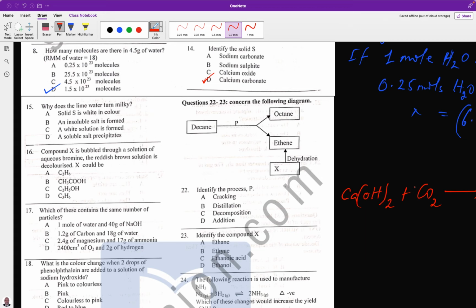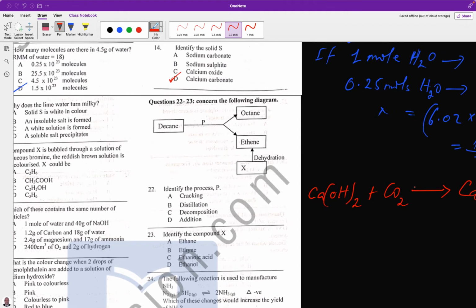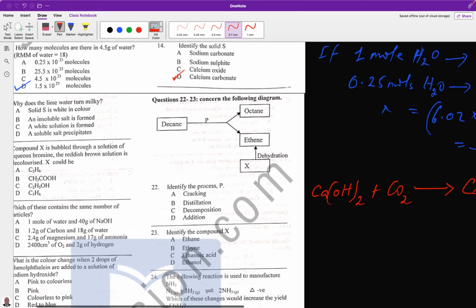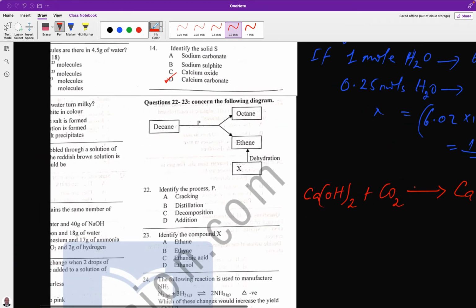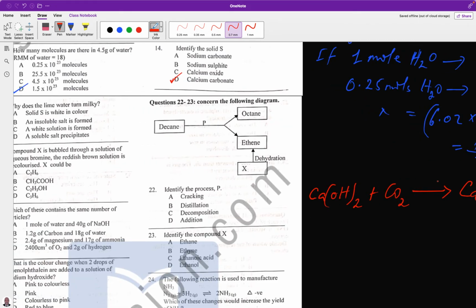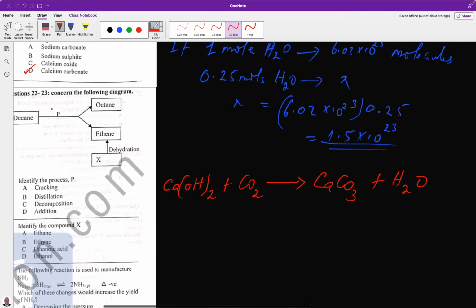An insoluble salt is formed. That is the calcium carbonate. So our answer is B. That is the reaction. The insoluble salt is the calcium carbonate.